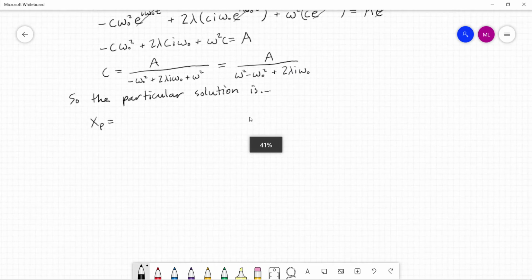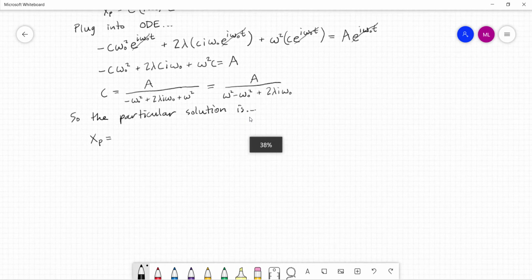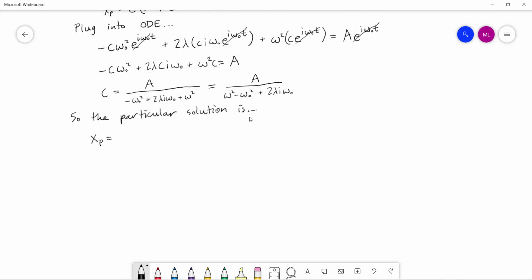So you could think of it as the following. I'm going to factor out some stuff here, and we'll write this in an ugly way, but let's just do this all as written for now. Oops, missed my lambda. So there's the coefficient times e to the I omega naught t.